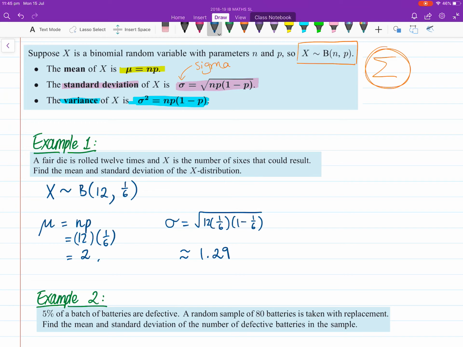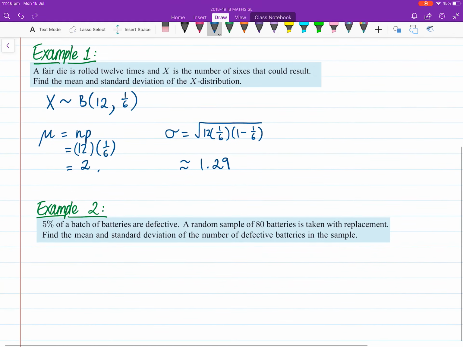That means when you roll a fair die 12 times, you expect on average to get a 6 two times, with a spread, or standard deviation, of 1.29.